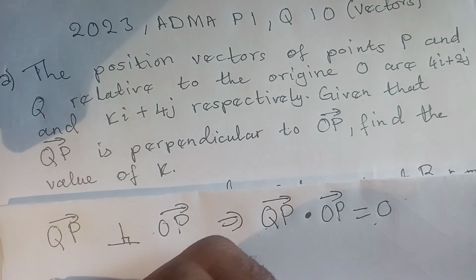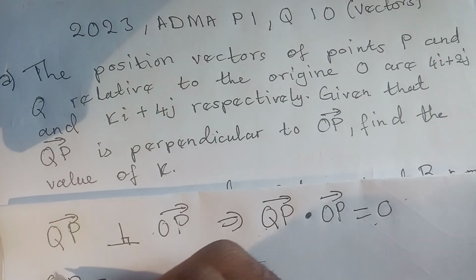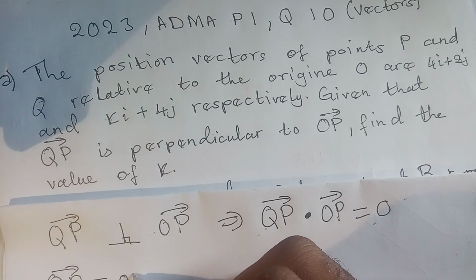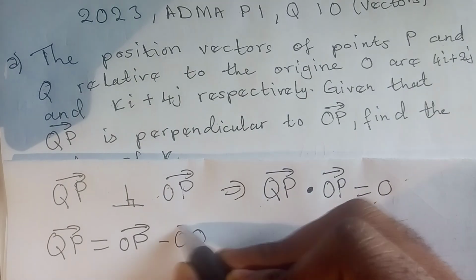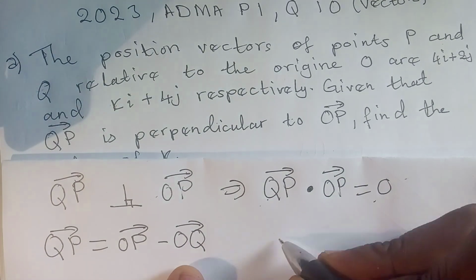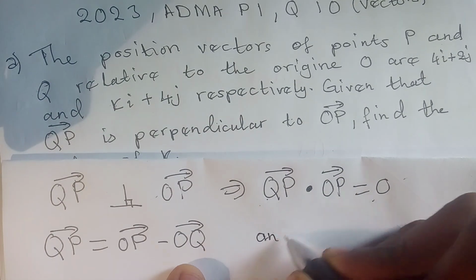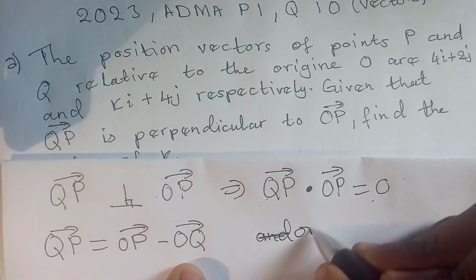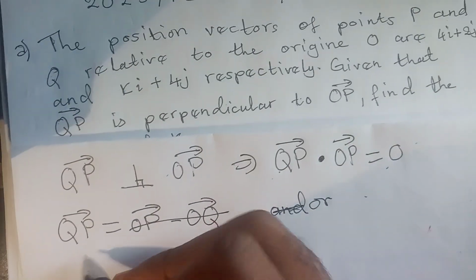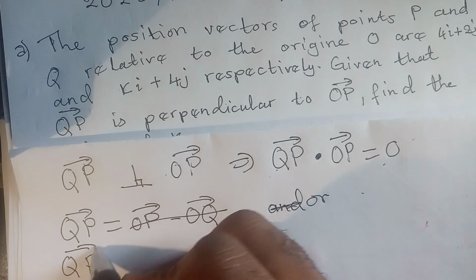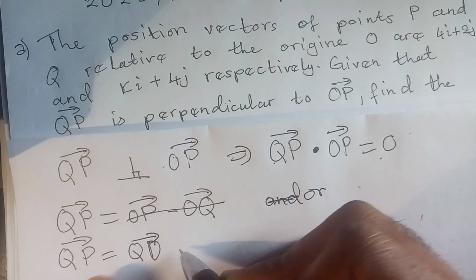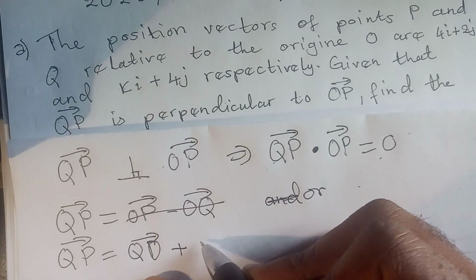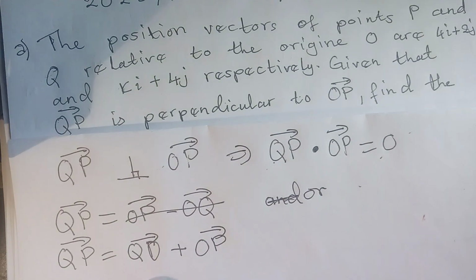So our QP is given by, okay, I'll write it like this: OP minus OQ. It's just the same as the way you normally write it. Maybe I should just use the language I used to. So this is like QO plus OP.